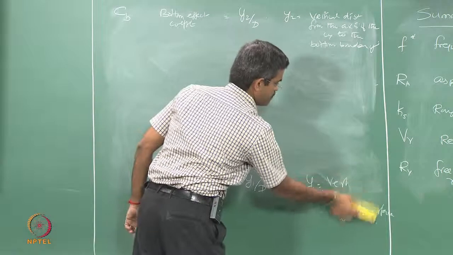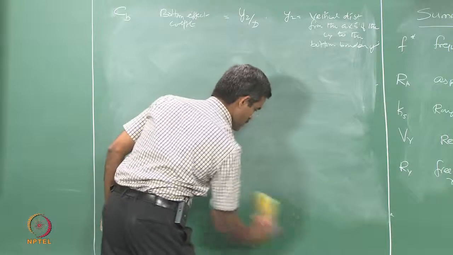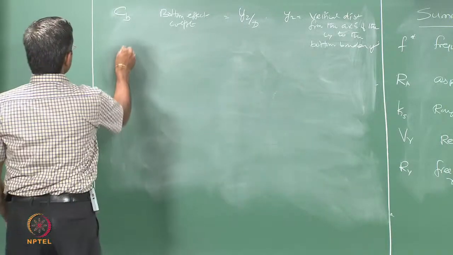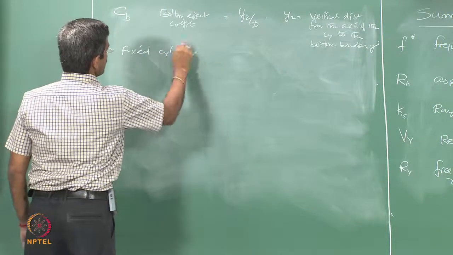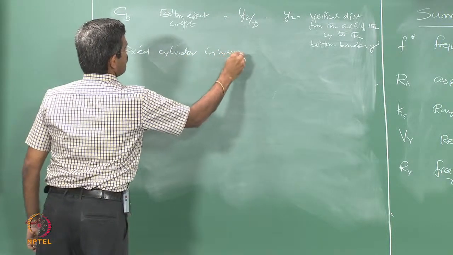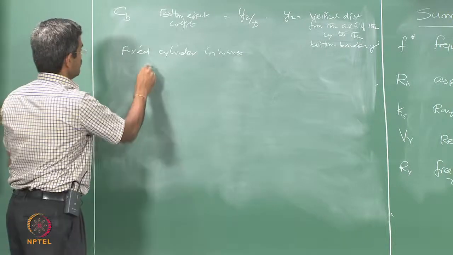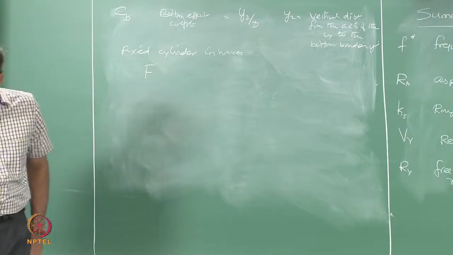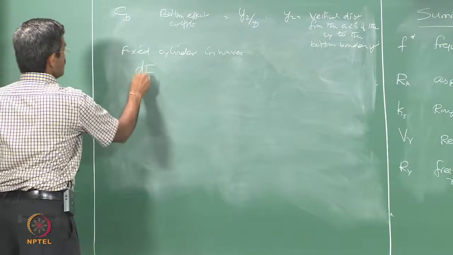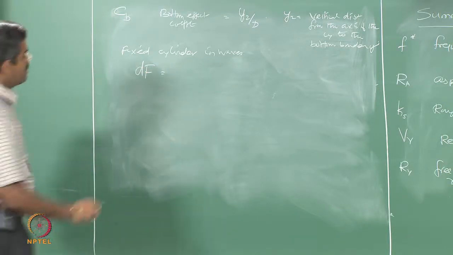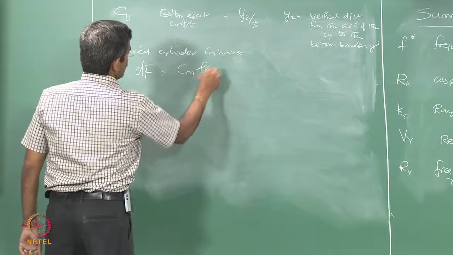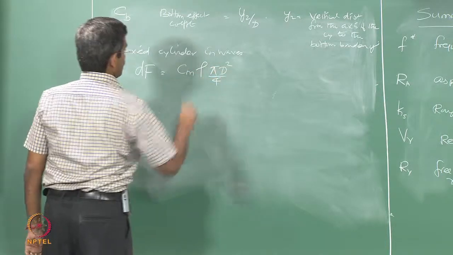So, as a summary of this lecture, arising from FSI, a fixed cylinder in waves will develop or experience forces which is given by dF, the elemental force on unit incremental length of the member, Cm rho pi d square by 4.